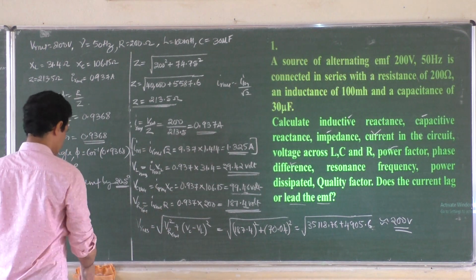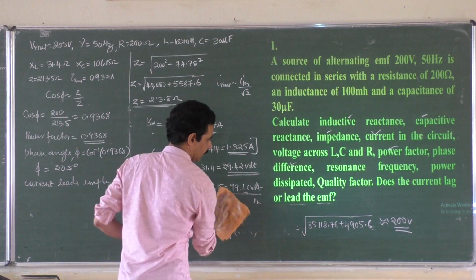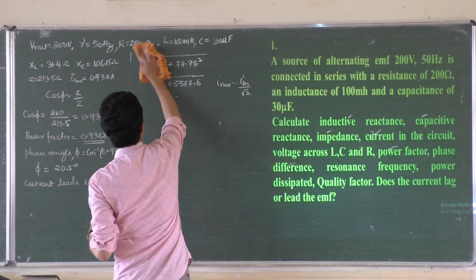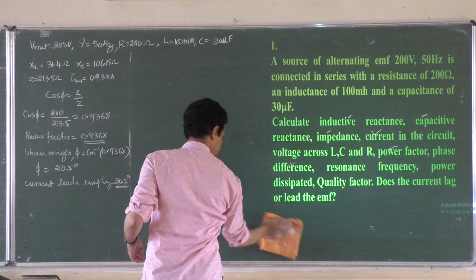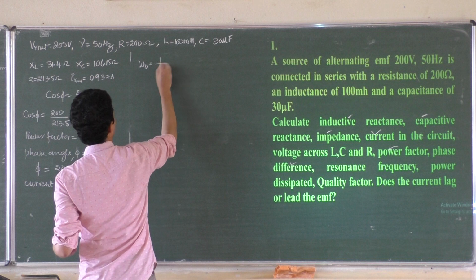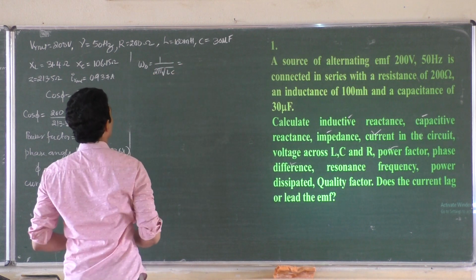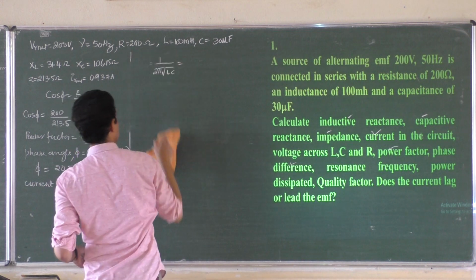So omega naught, shall I rub this? Yeah, I can rub this. Omega naught is equal to 1 by 2 pi root LC. Or you can write nu naught, that is better.